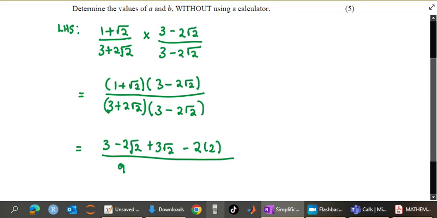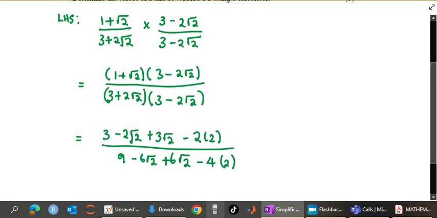Then 2 times 2 becomes 4, it's minus 4, open bracket, root 2 times root 2 becomes 2.